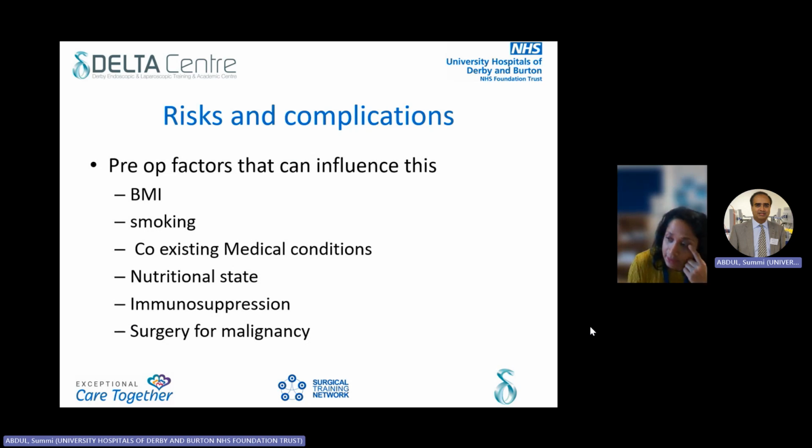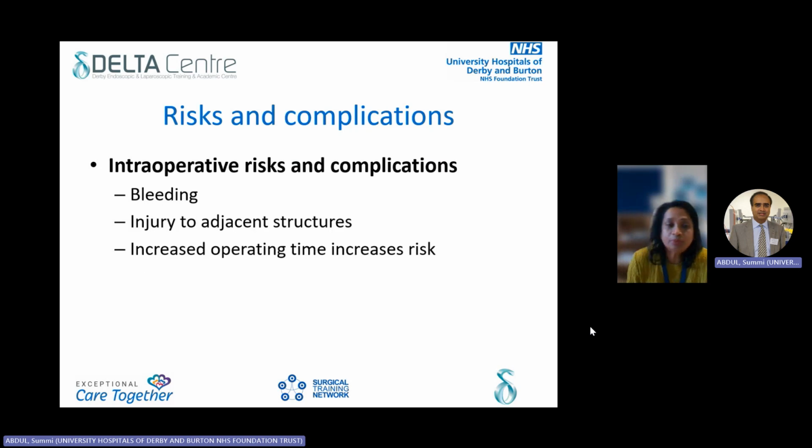And other things that can affect healing and increase the risk of complications, obviously, are states of immunosuppression; malignancy certainly can influence that. Intraoperatively, additionally, you need to think about bleeding as a major cause of risk and complication, which can then influence injury to adjacent structures.